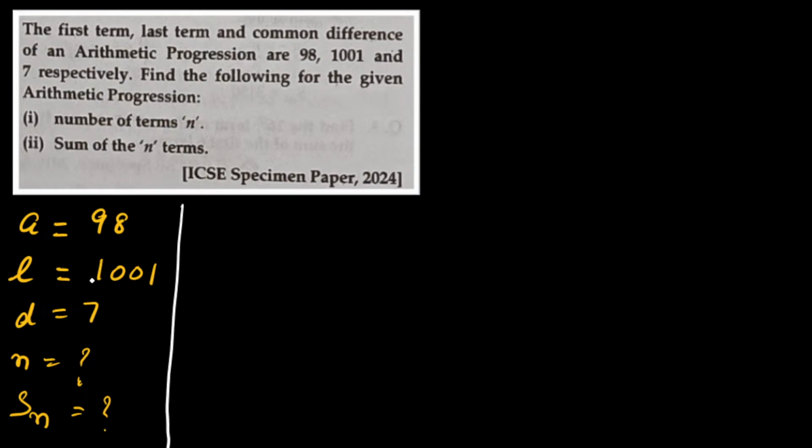Because L is given to us, L we can write as an. Last term we can either write as L or we can write an. Don't get confused. L also you can write, an also you can write for last term.